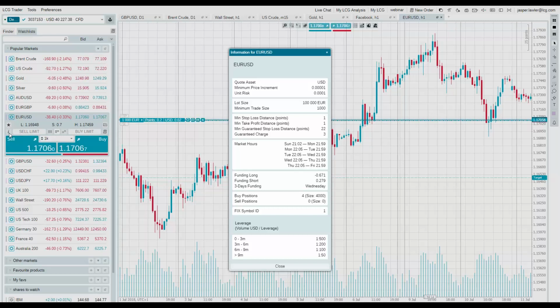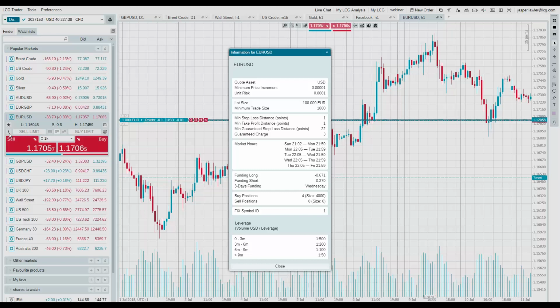Obviously, it's quoted in dollars, so the profit you make is up and down in dollars if you're talking CFDs. You can trade a fraction of a pip, a tenth of a pip. The typical lot size we've been trading the euro dollar is 100,000 euros.